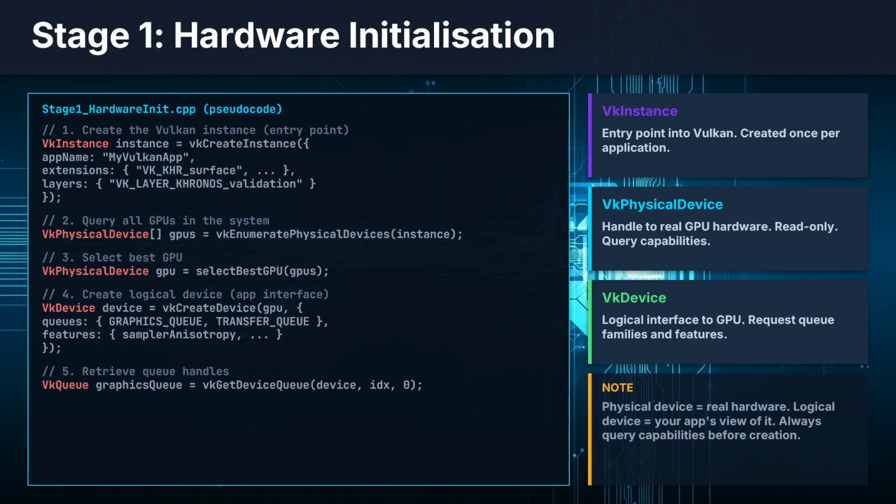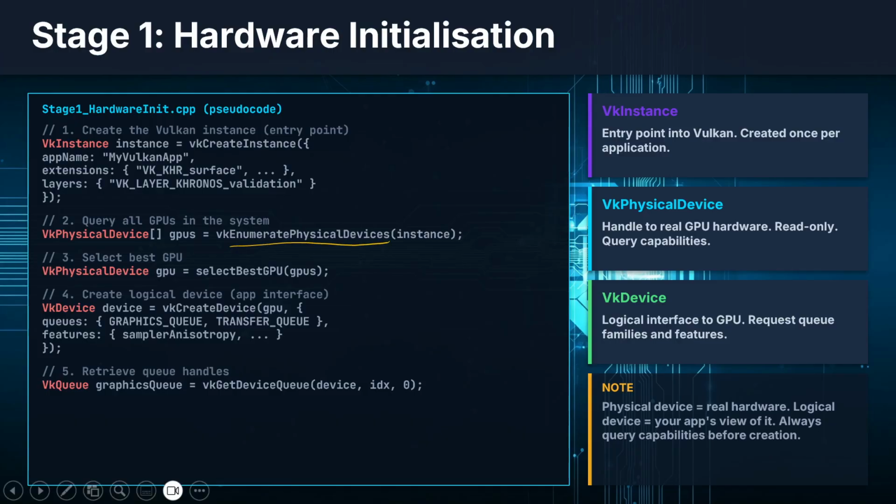The next thing you want to do is check for the available devices on your system. For this we make use of this API, which is vkEnumeratePhysicalDevices.